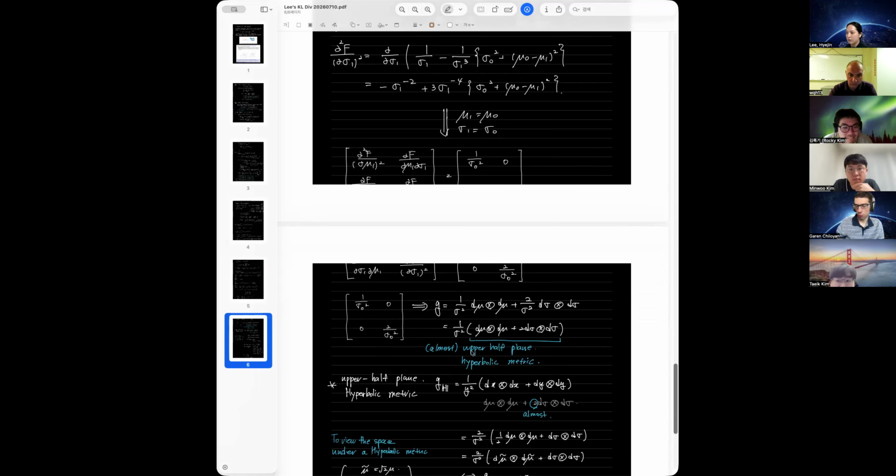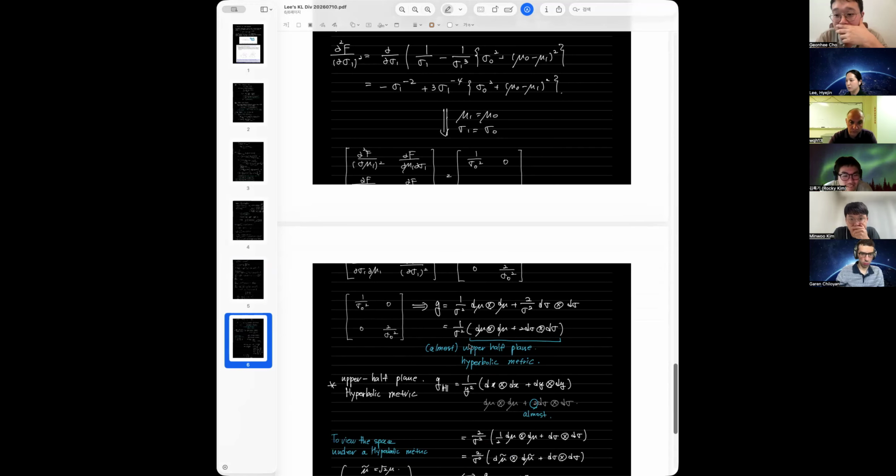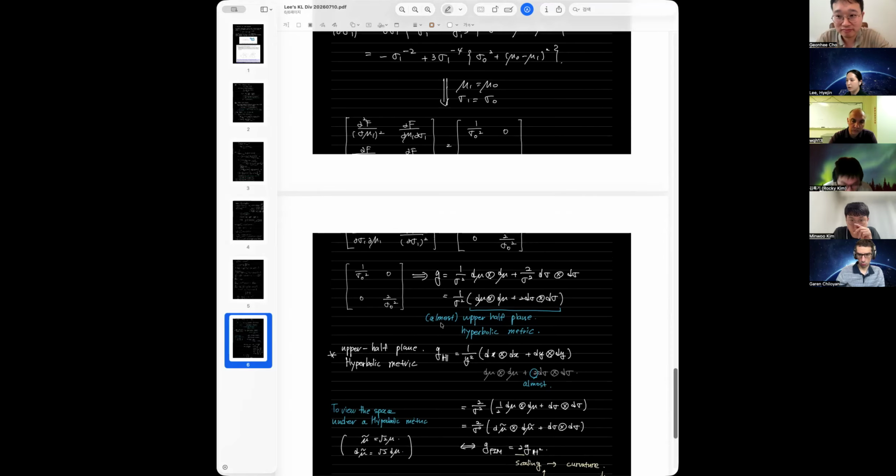Some of you may already know that it is similar to the upper half plane, but it's different. The sigma coefficient is 2. So we call that almost the upper half plane.